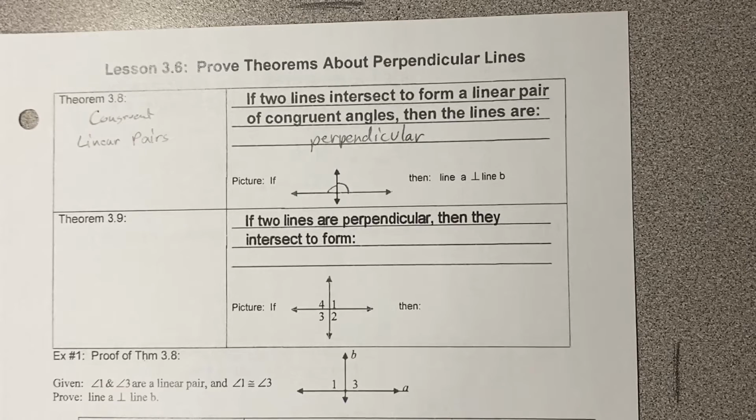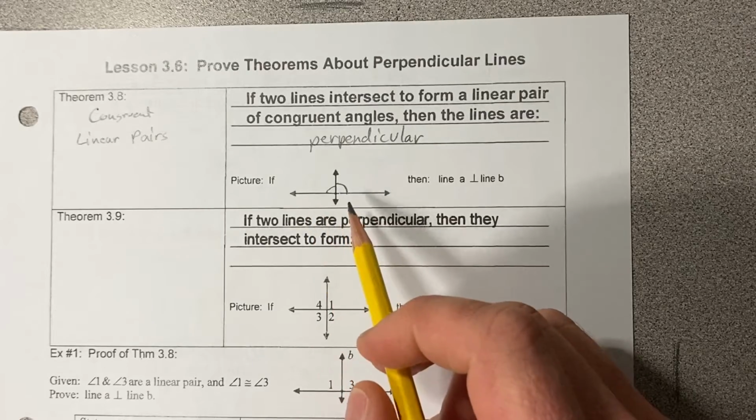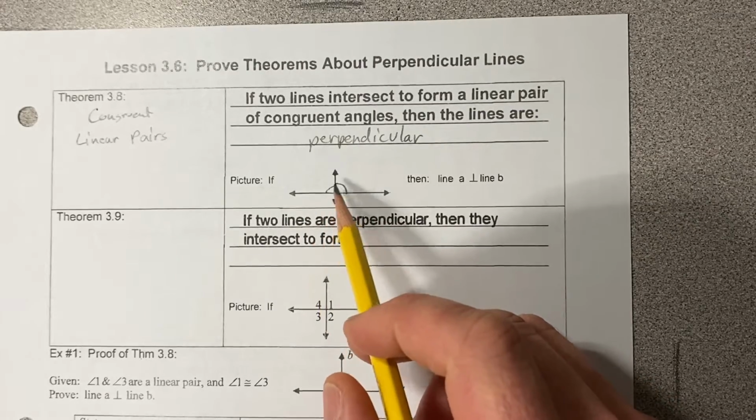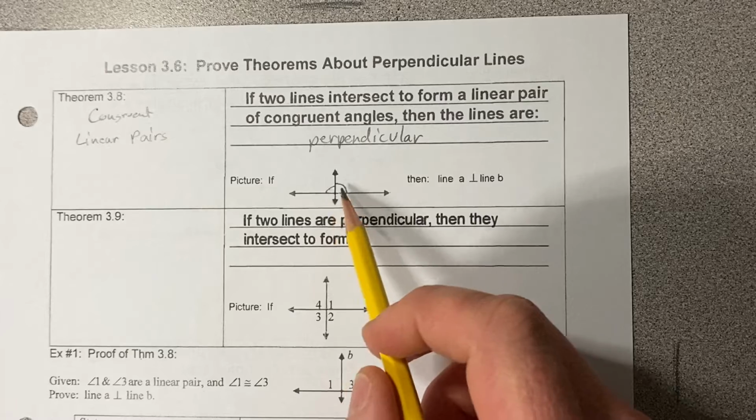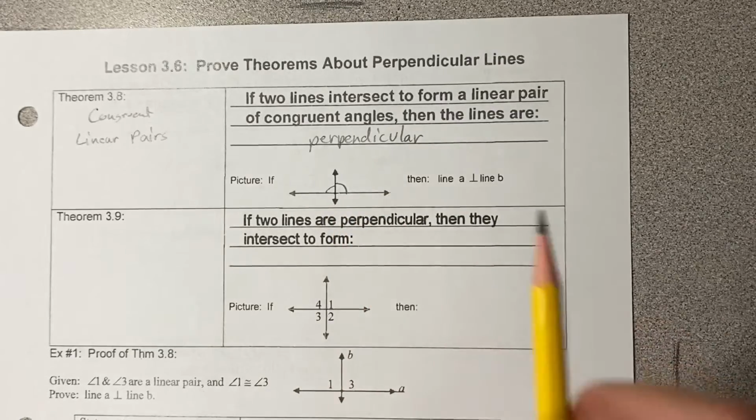I think that kind of makes sense if you take some time to think about it: if you're a linear pair, then you're supplementary. If you know that they're the same measure, then they're each going to have to be 90, and if they're 90-degree angles, then they're perpendicular.